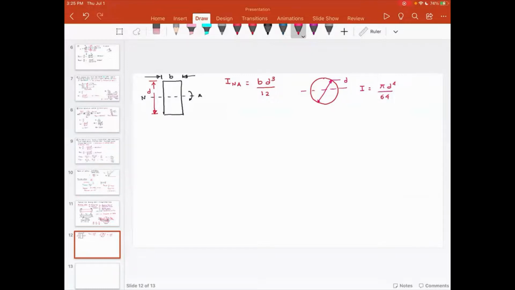Now let's look at a hollow cross section. If you have a hollow cross section, this is the neutral axis.